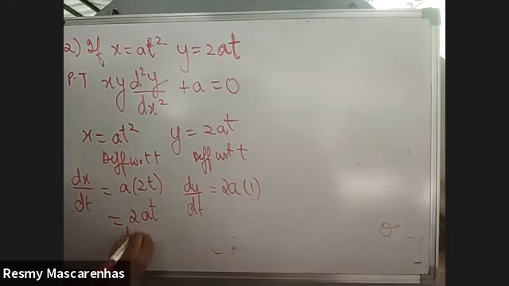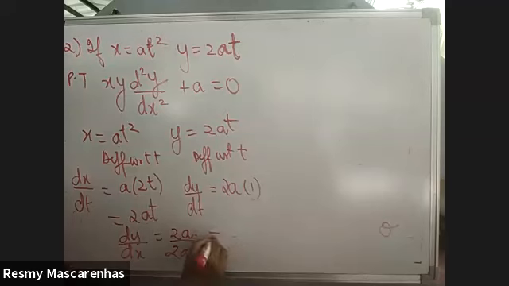So dy upon dx will be the second answer upon the first answer. So the answer is 1 upon t.